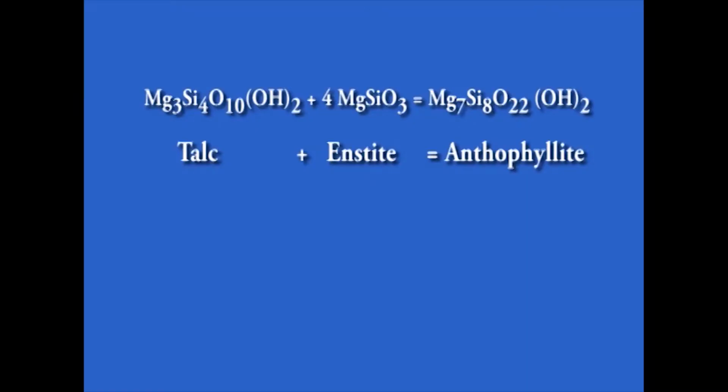For example, the reaction Mg3Si4O10(OH)2 plus 4 MgSiO3 gives rise to Mg7Si8O22(OH)2, that is, talc plus enstatite gives rise to anthophyllite. It involves hydrous phases but conserves H2O. It may therefore be treated as a solid-solid net transfer reaction.